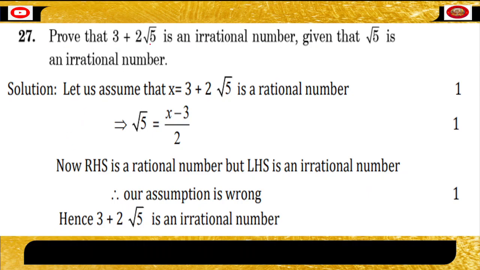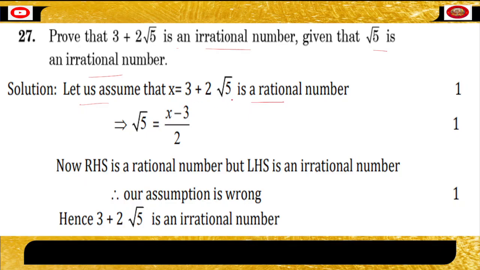Prove that 3 plus 2 root 5 is an irrational number, given that root 5 is an irrational number. Let us assume that x equal to 3 plus 2 root 5 is a rational number.